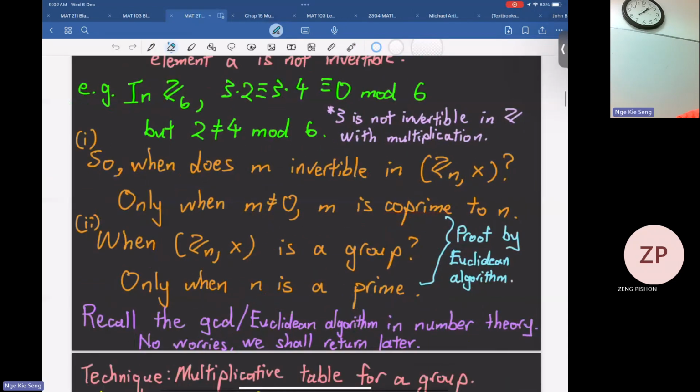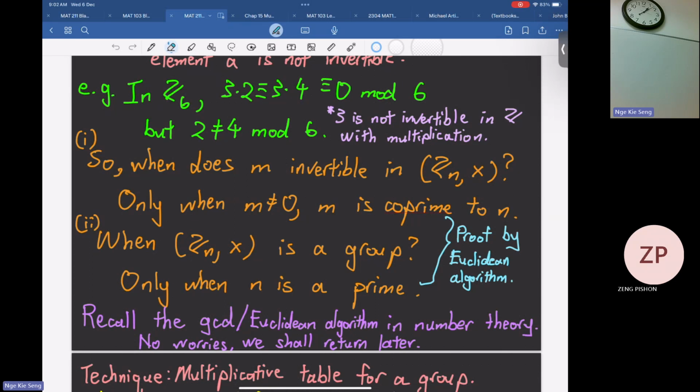See? When is m invertible in Z_n? Only when m is coprime with n. So if you want to have all the non-zero elements invertible, that means all of them have to be coprime to n. So when can you achieve that? Only when your P is prime, because if your P is prime, only P and 1 can divide it. All the other numbers are coprime.